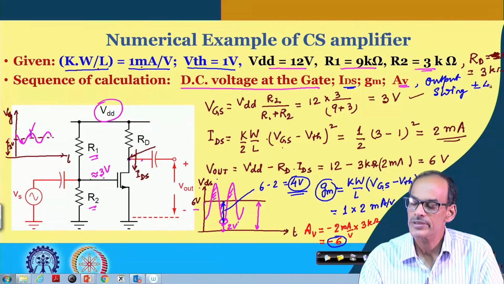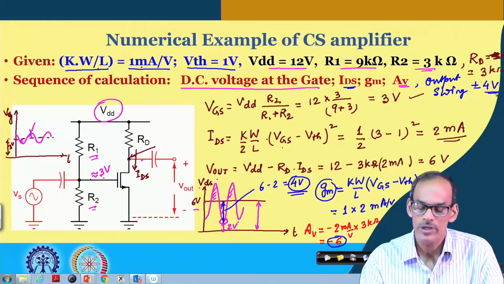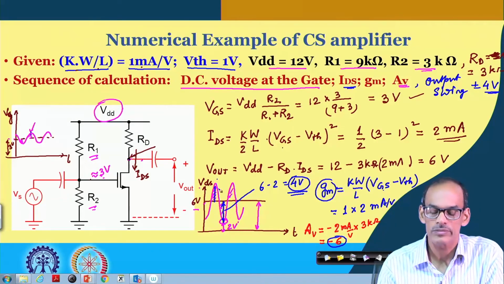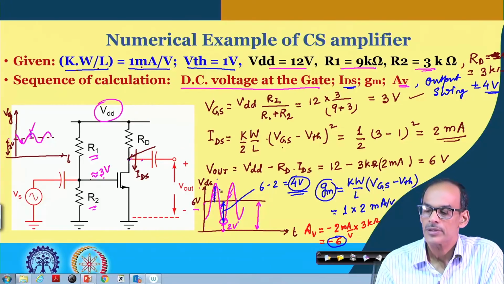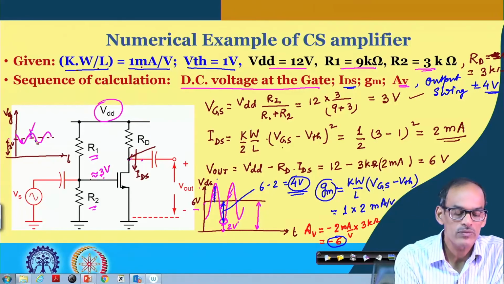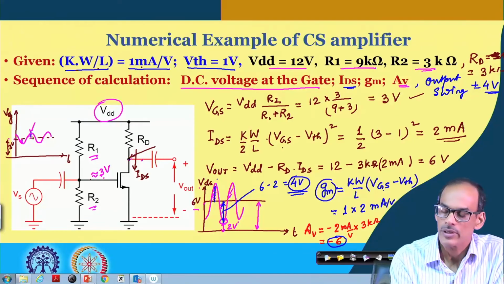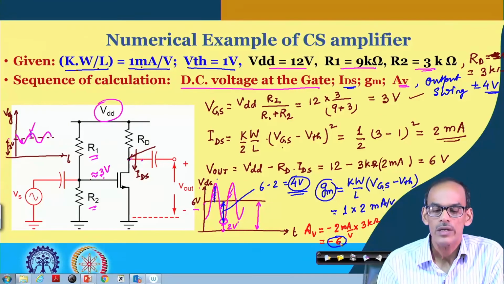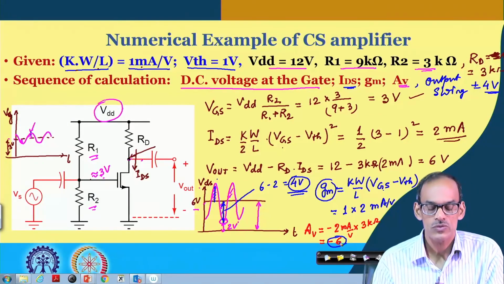The positive side, of course, does not have any problem, it can go higher. And to get this maximum swing, the required voltage at the input will be plus minus 4 volt divided by 6. I think that is what I would like to cover.